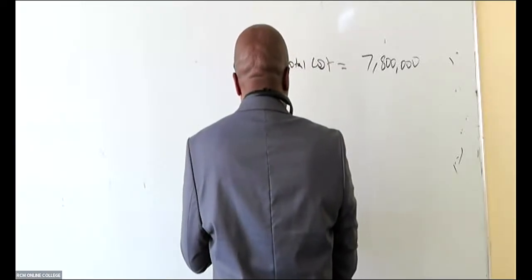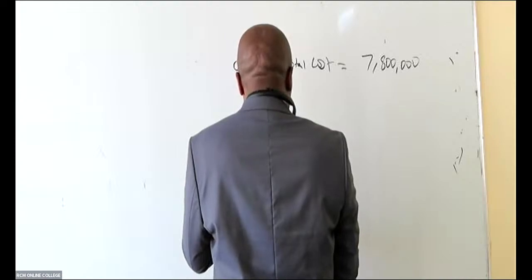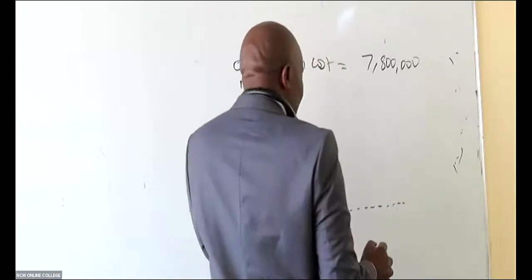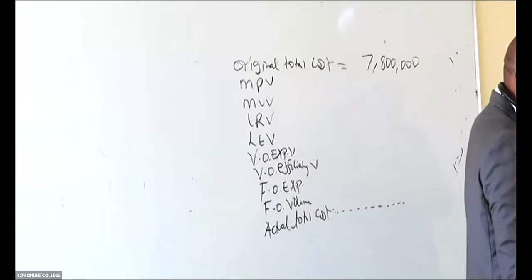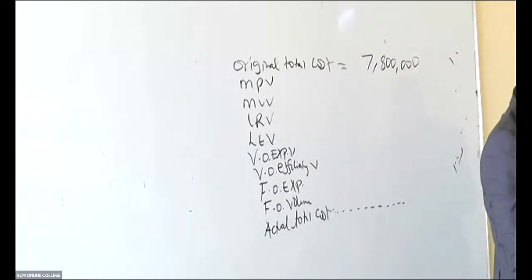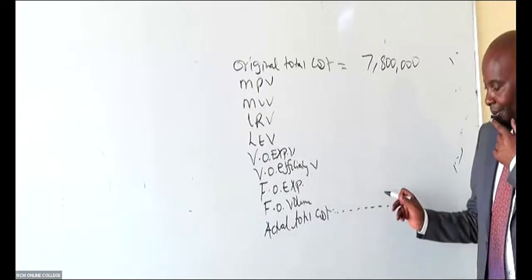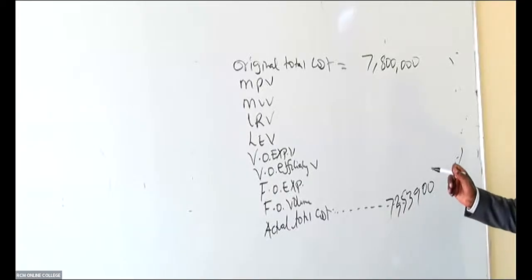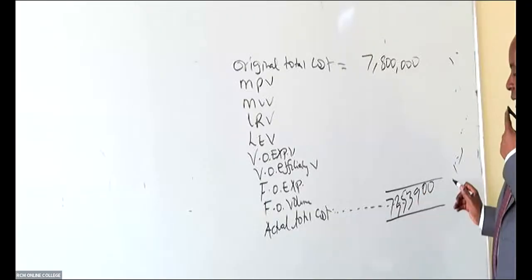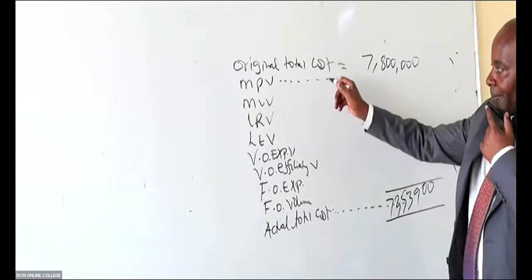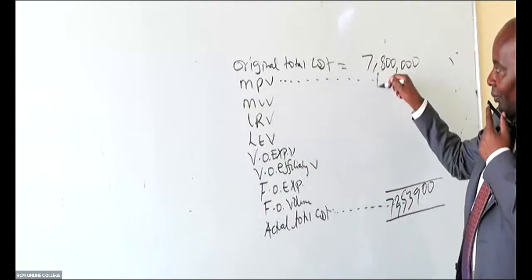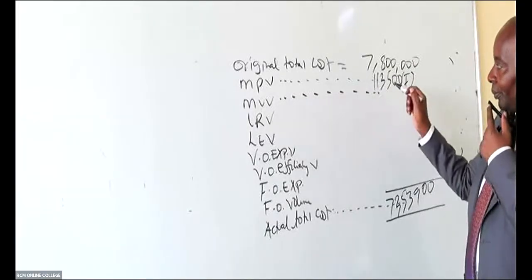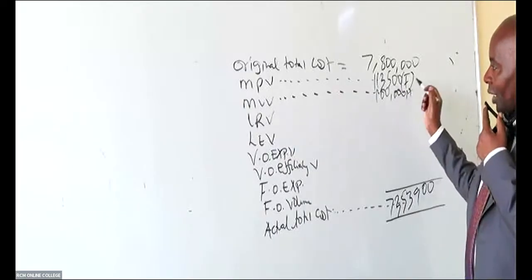And then we have the actual total cost, which you gave me as 7,353,900. So this is what we shall be reconciling. Please give me this. Favorable.